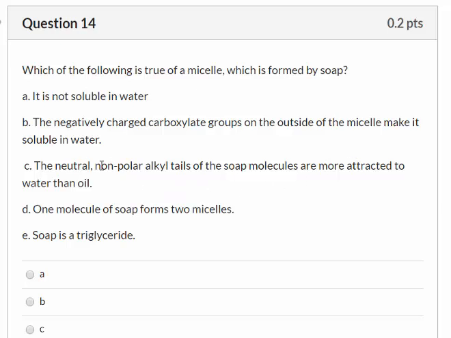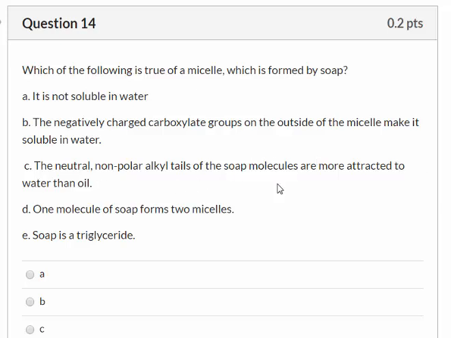And the main rule about solubility is that like dissolves like. So polar substances dissolve in other polar substances. Does it make sense that the non-polar part of soap molecules is going to be attracted to water and want to dissolve in water?